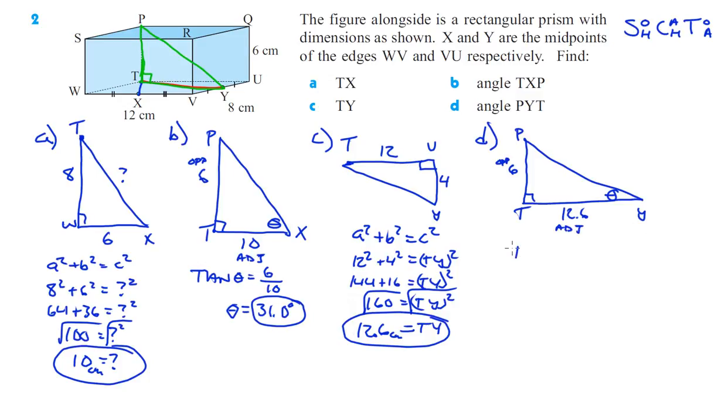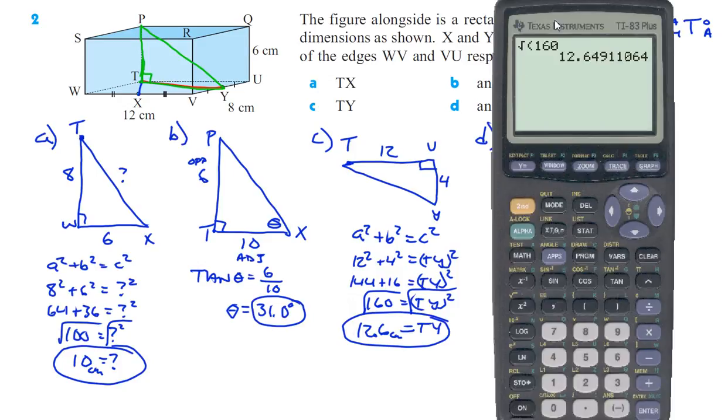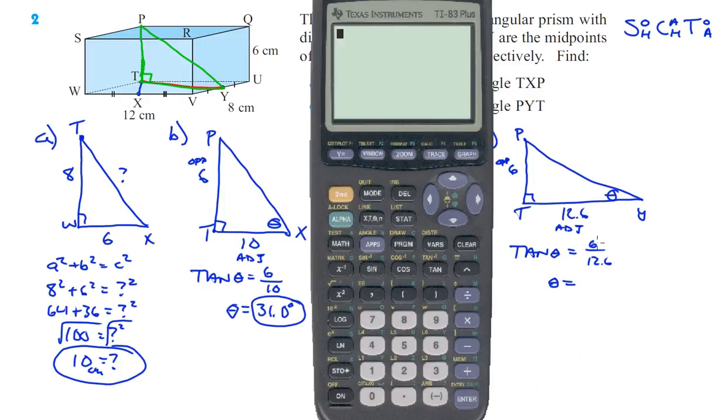So that's going to be tangent. Tangent theta equals opposite, which is 6, over adjacent, which is 12.6. So we will find that theta equals second tangent. We're looking for an angle, so it's second tangent of 6 divided by 12.6, and that gives us 25.46.